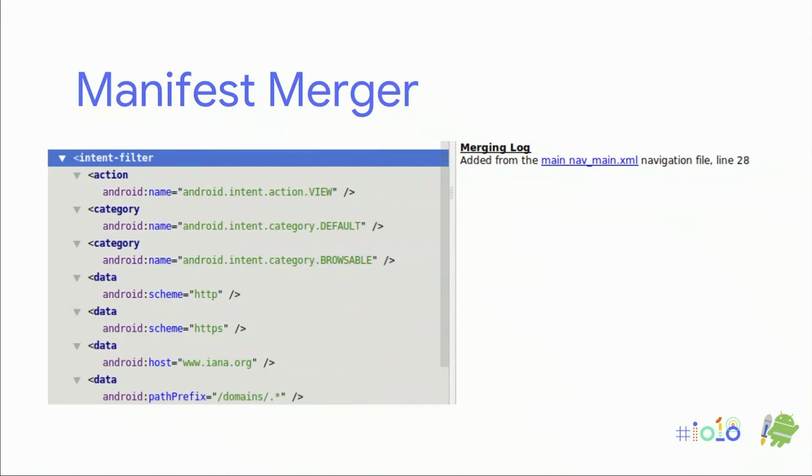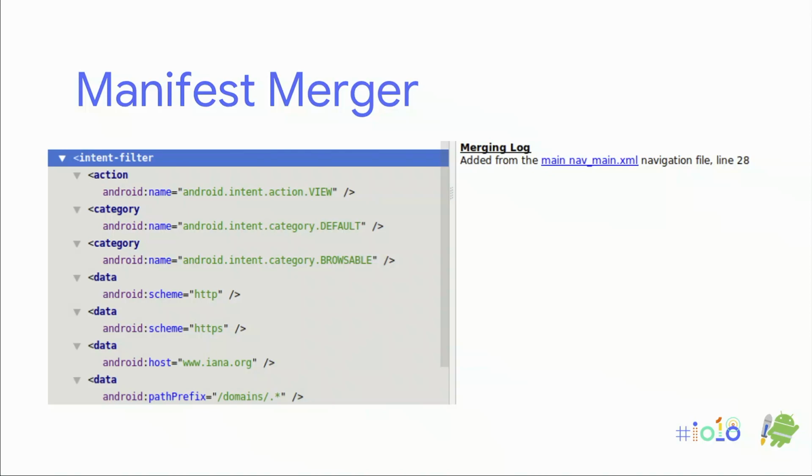So this means that we now have a single source of truth in your navigation graph that you know is not going to get out of sync with what you expect. It's not going to get out of sync as you change argument names in your XML file. All of this is kind of one central place to do things. And we think this is a lot easier for basically all of the implicit deep link kind of cases.